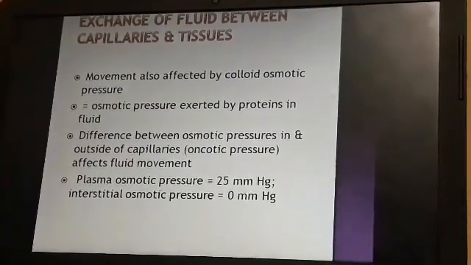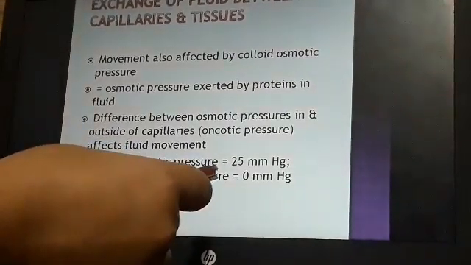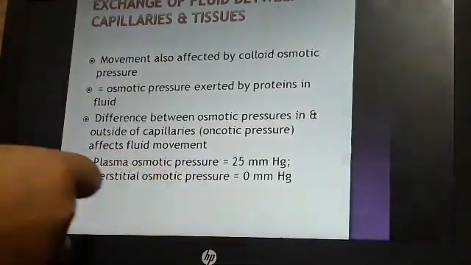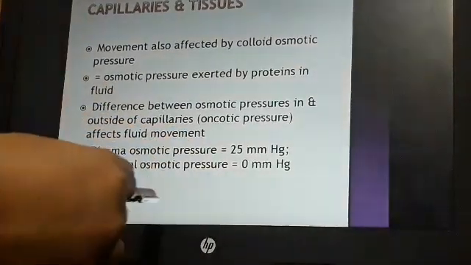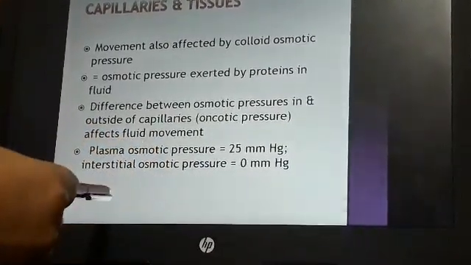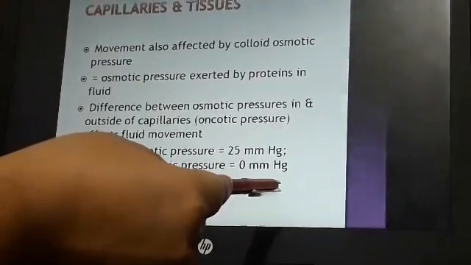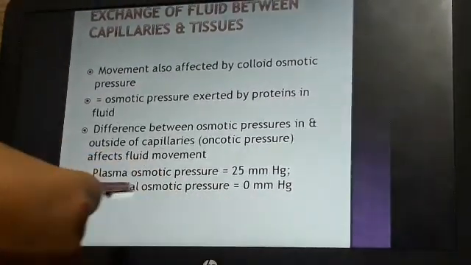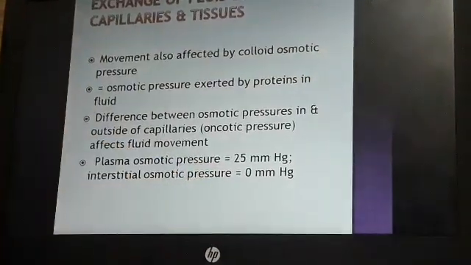Here also we have two arenas, that is, the oncotic pressure within the capillaries and the oncotic pressure of the fluid in the interstitium. So ideally there is a negligible amount of proteins, transudates or exudates in the interstitium. So the net oncotic interstitial pressure is 0 mmHg, whereas the plasma has an oncotic pressure of 25 mmHg.